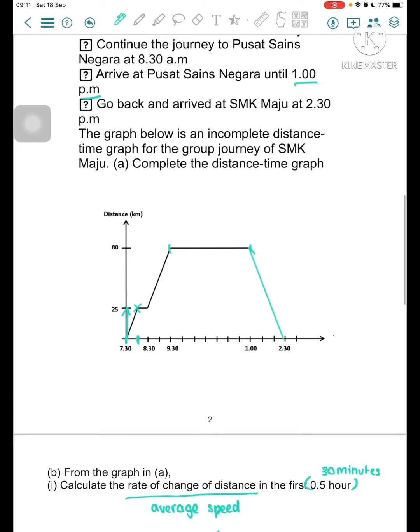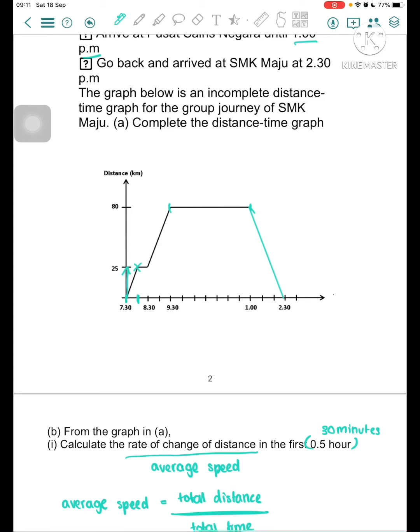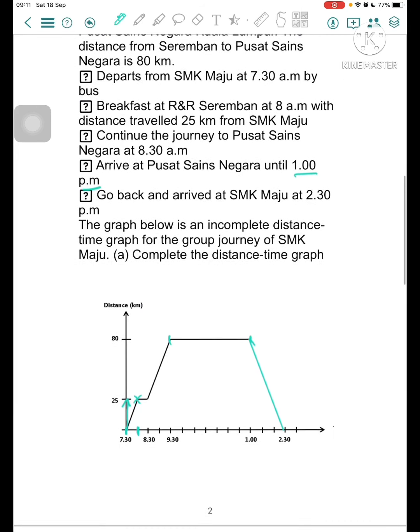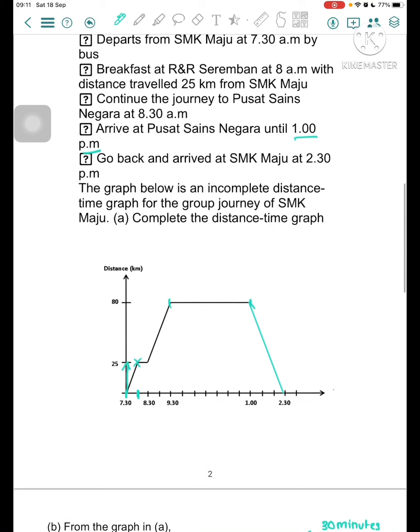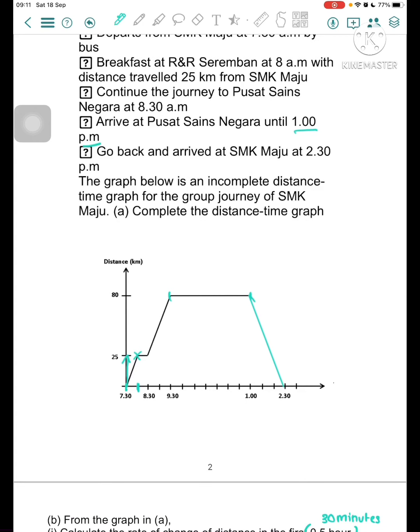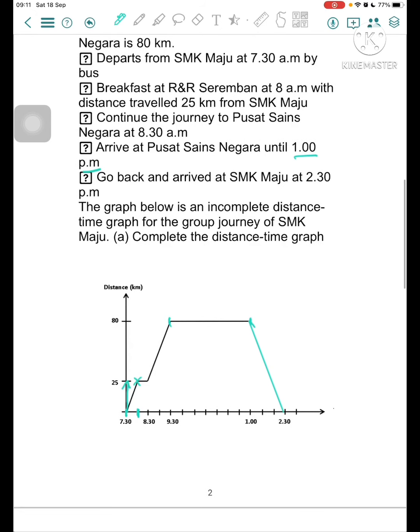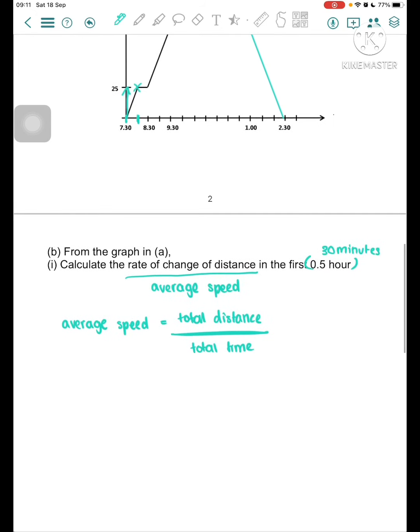So from the graph, in the first 0.5 hour, which is between 7:30 to 8 a.m., what were they doing? From the graph, 7:30 to 8 a.m. they were at 25 km. They arrived at the R&R stop.